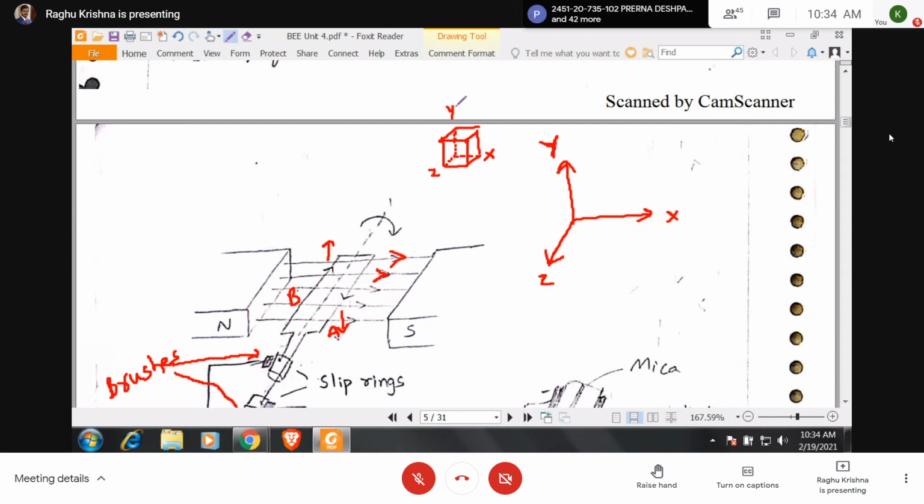This will be the thumb, forefinger, this middle finger.